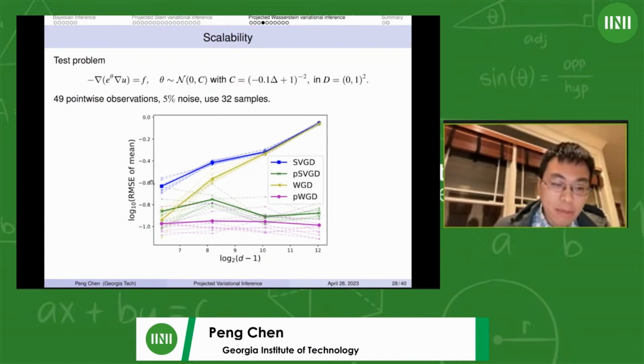And essentially, the root mean square error of the mean of the particles becomes much worse compared to small dimensions. But in high dimensions, we can preserve the accuracy of sample approximations.